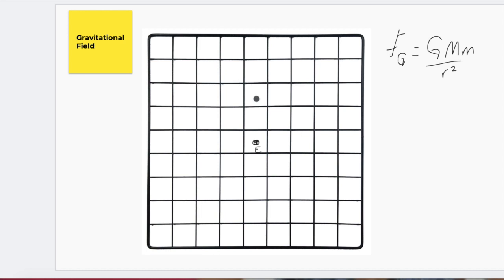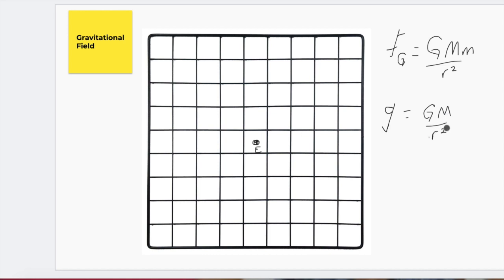In this case, I don't know what the mass of the object is. So this is where you would use the other equation that you saw, which was this one: little g equals big G m over r squared.